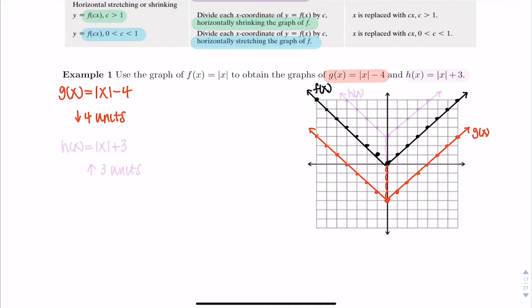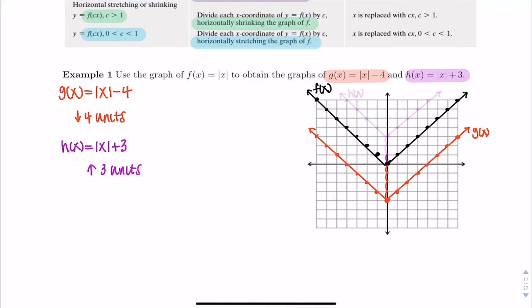Now let's go ahead and do h of x. h of x is going to be in purple. That's the absolute value of x plus 3. Now, because it's a plus, I'm going to move up 3 units. So just use the original graph, and we're going to move it up 3 units.